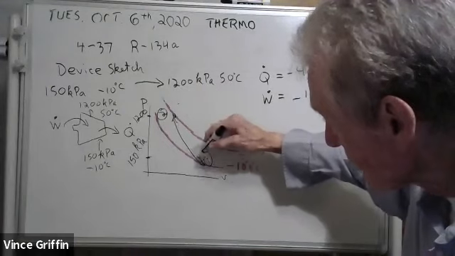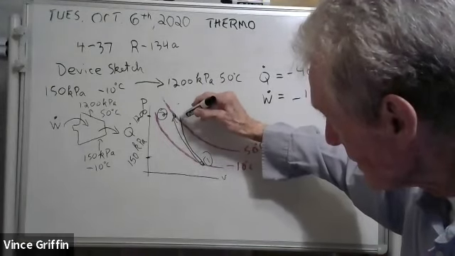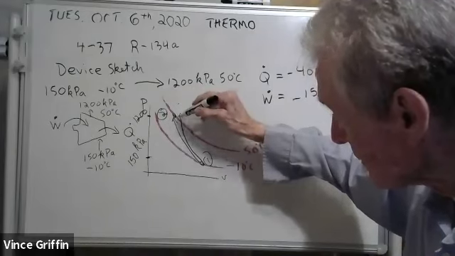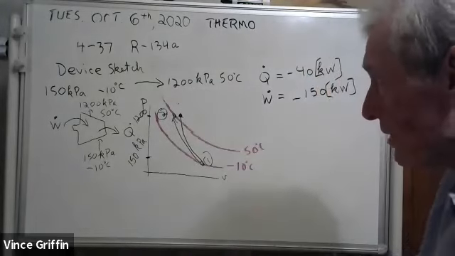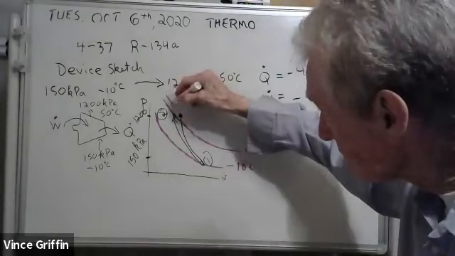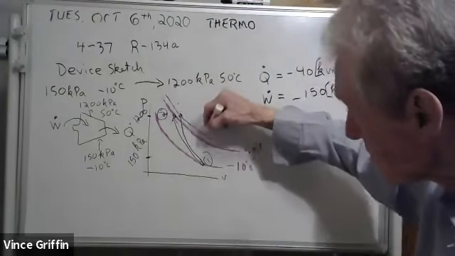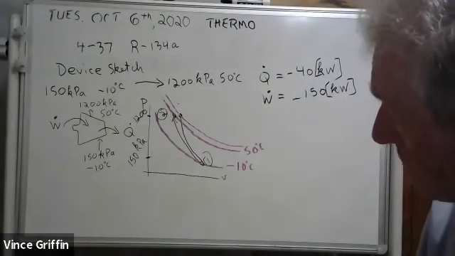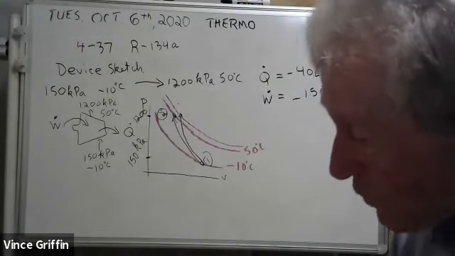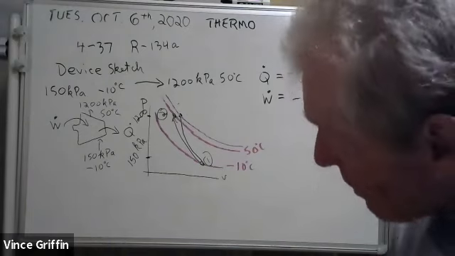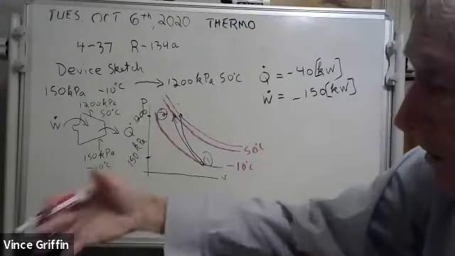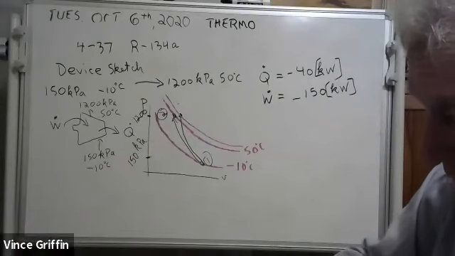The adiabat would have come up here to the same pressure, but it would have been hotter. But the reason why it's not that hot is you had a heat transfer out. Did that make sense?